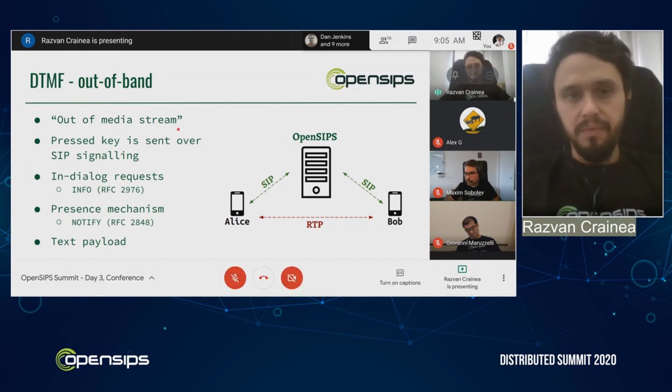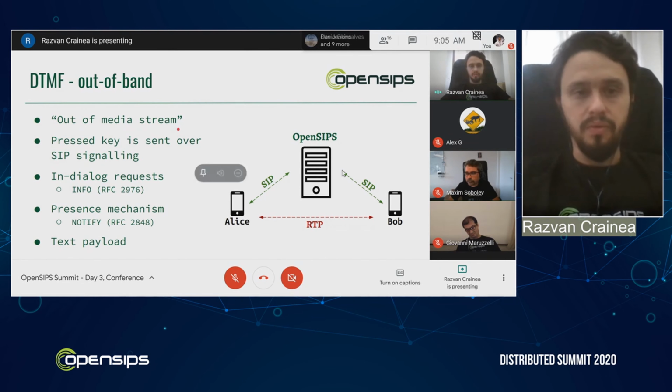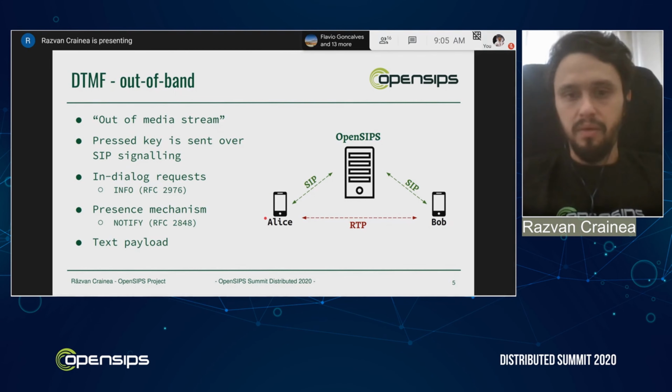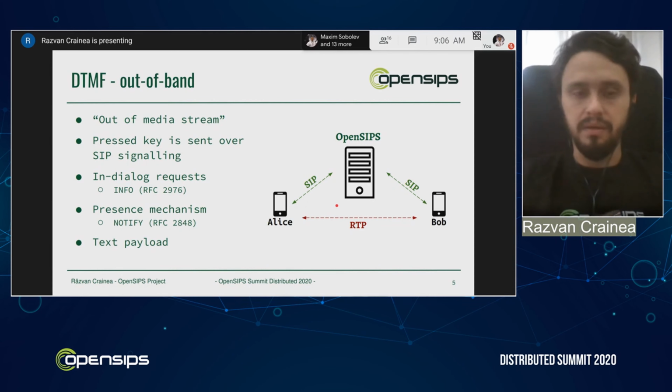So if it's out of the media stream, they will basically go through SIP. So whenever you press a key on your dial pad, a SIP message will be sent to OpenSIPS or to the proxy or directly to the other user agent. And a 200 OK will probably come in saying that the key was received.